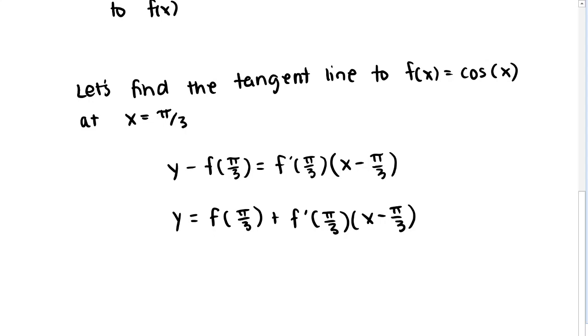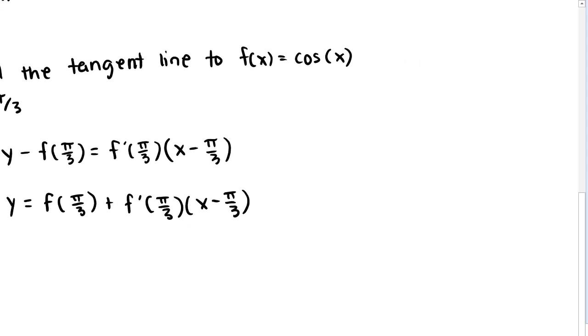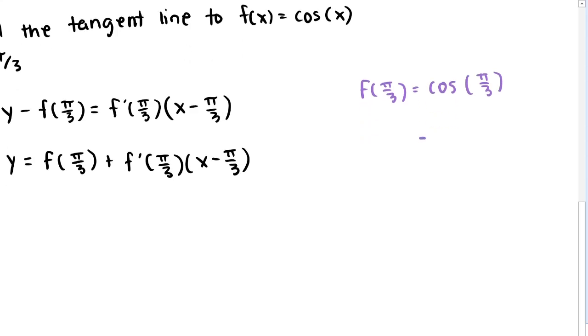Okay, so let's get some values here. So maybe let's do some computations on this side. Here we need to figure out what f of pi over 3 is equal to. So this is equal to cosine of pi over 3. And so let's draw a quick unit circle.